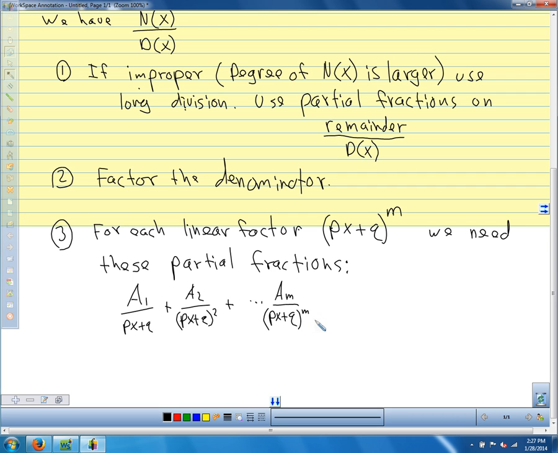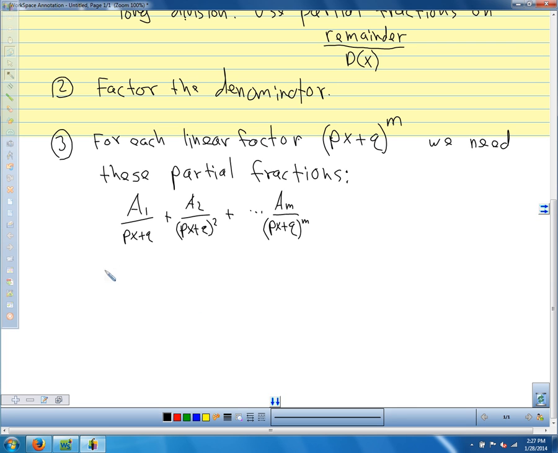So we have to have one partial fraction for each power of each linear factor. So if this is the third power, we're going to have this second power, third power. So we're going to have 3 partial fractions for a linear factor that's to the third power. So that's one possibility. And then we could have quadratic factors also.